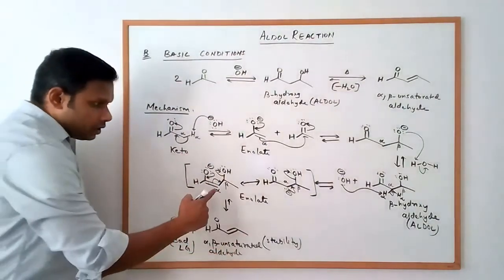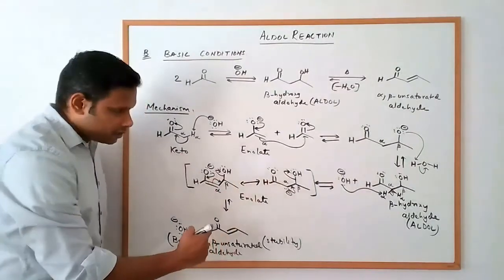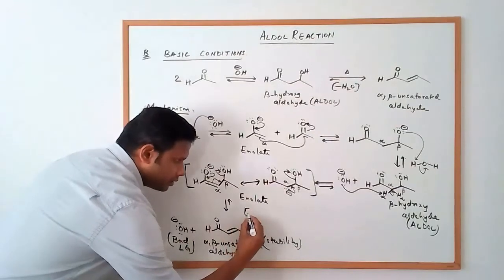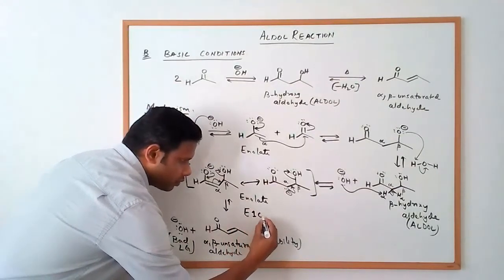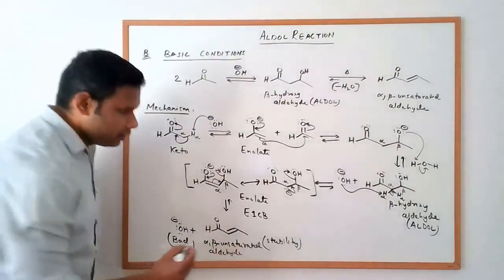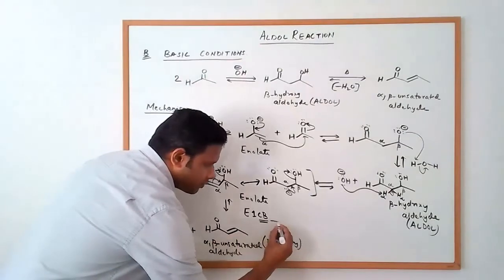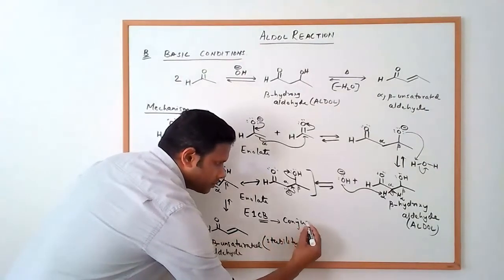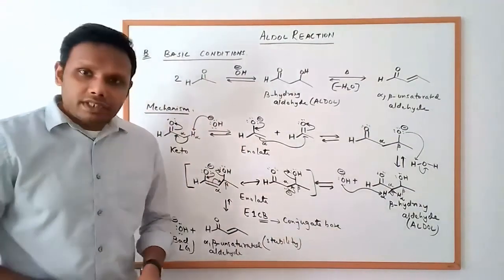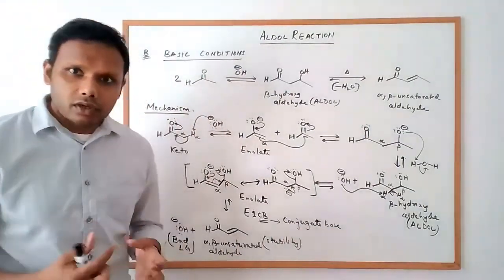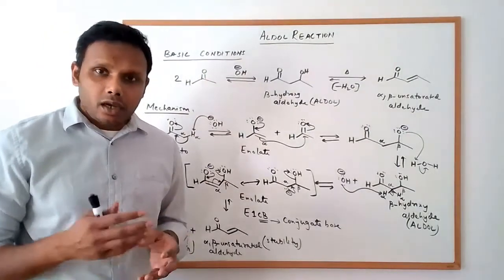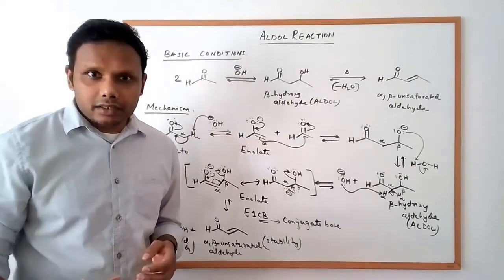Now, the mechanism of this particular step is called an E1CB mechanism, where CB stands for conjugate base. We've seen E1 reactions before. These were discussed when we were dealing with alkyl halides, and alkyl halides make alkenes.